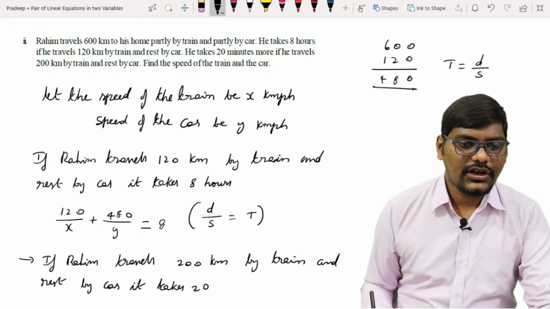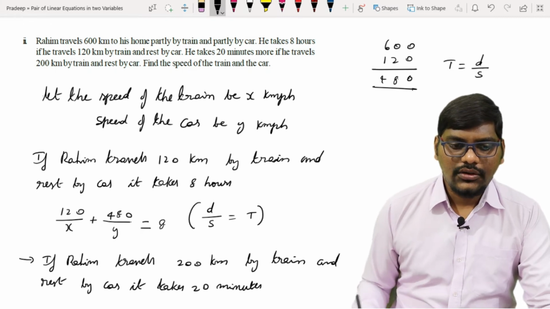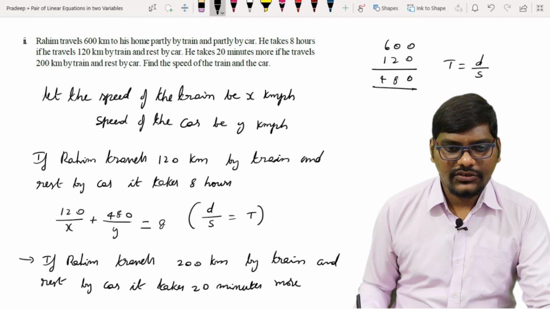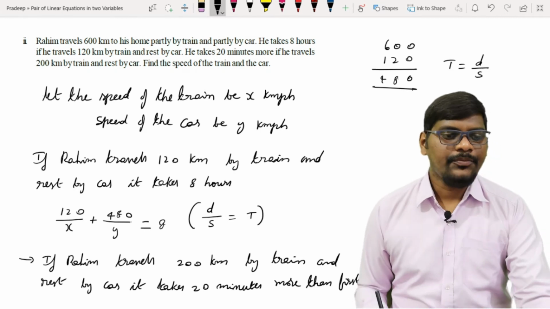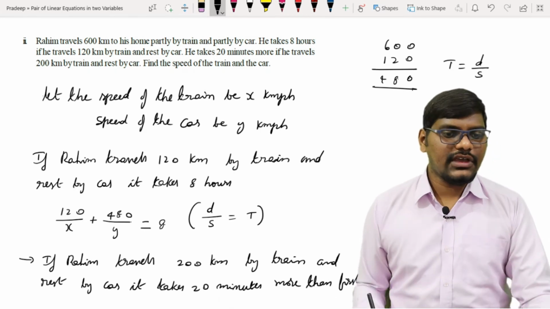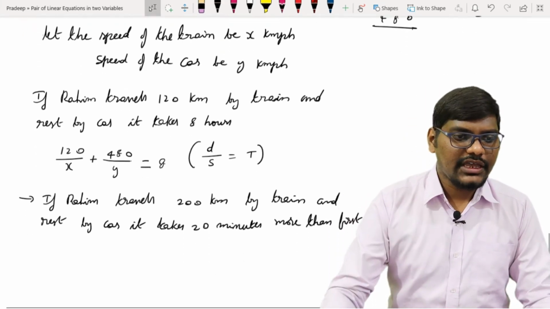So I can write it takes 20 minutes more than first case. Okay, so these are the things we observed here. This also we will just frame the equation.